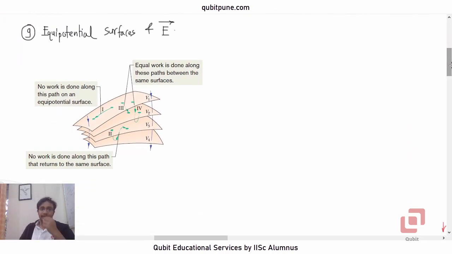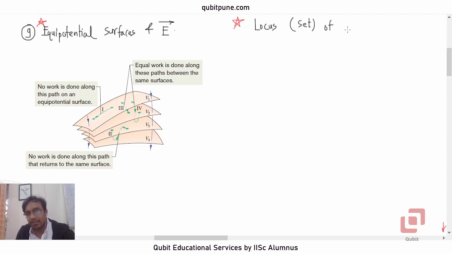Ninth, equipotential surfaces. What do I mean by equipotential surfaces? The definition of equipotential surfaces is that they are a locus of points, or a set of points. The mathematical term is locus.